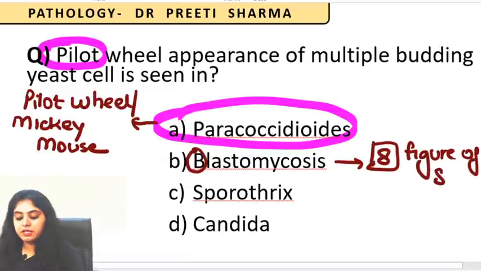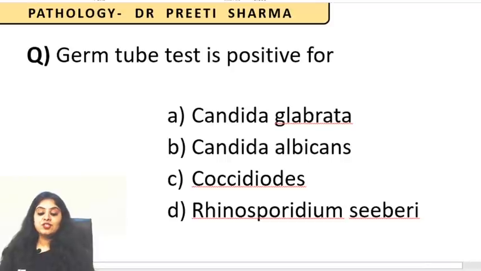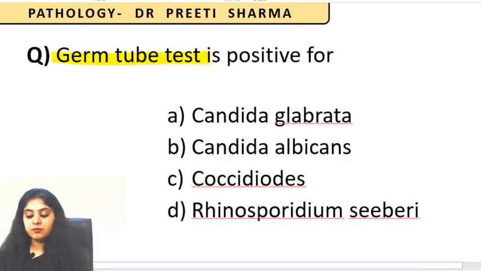They will ask you, what about sporothrix? Sporothrix shows you asteroid bodies, and Candida shows you something which I'm going to show you in the next slide. The germ tube test is positive in which Candida?